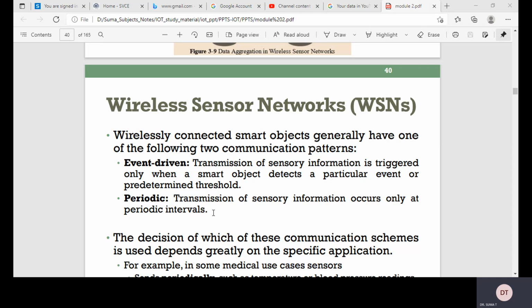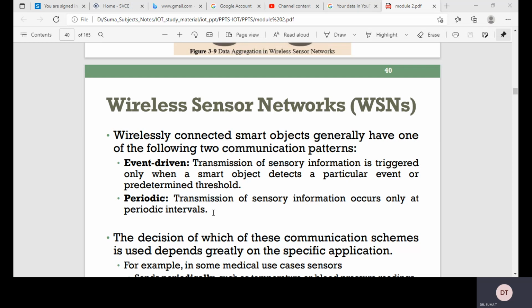While there are certain instances in which sensors continuously stream their measurement data, this is typically not the case. Wirelessly connected smart objects generally have one of the following two communication patterns.